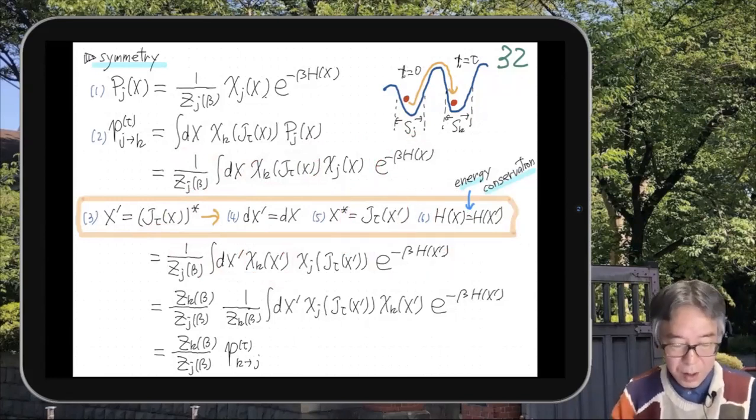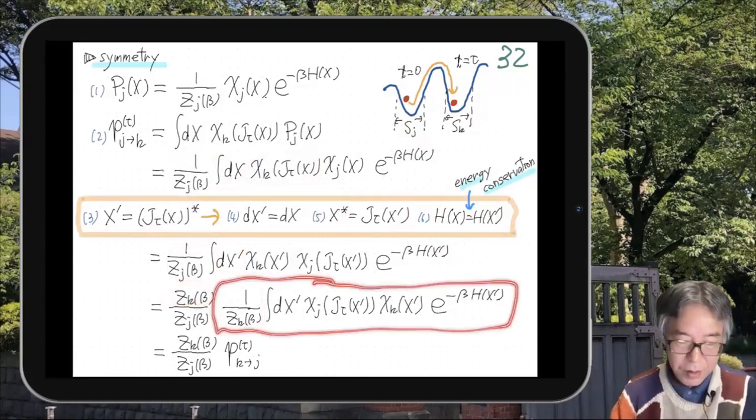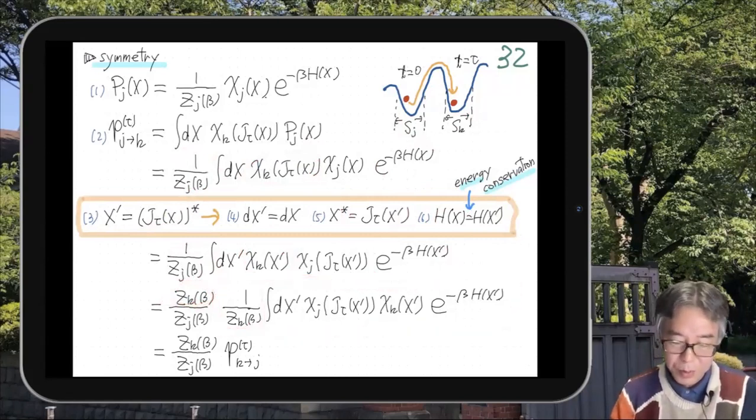Okay. And now we just divide this by Zk, and you again put Zk here. This is trivial. But if you look at here, now we have a transition probability. In this case, if you regard x prime as the initial state, we are near k at time 0, and at time tau, we are near j.